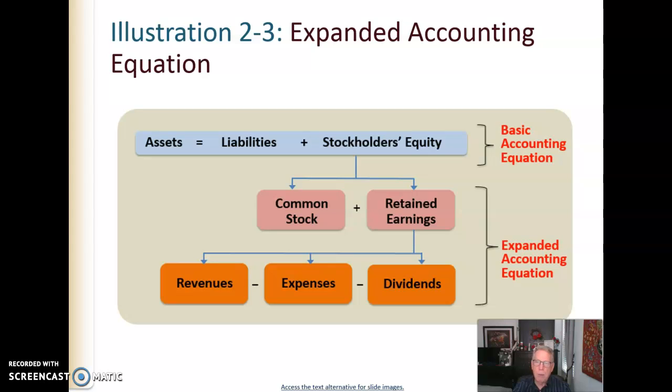And lastly, I will say this: we zero out the income statement at the end of the period. We call those the closing entries, which we'll talk about later in this course. But here we're going to populate revenues and expenses, and when we zero them out at the end of the period, that's when they go into retained earnings. Okay? And we call that the expanded accounting equation.